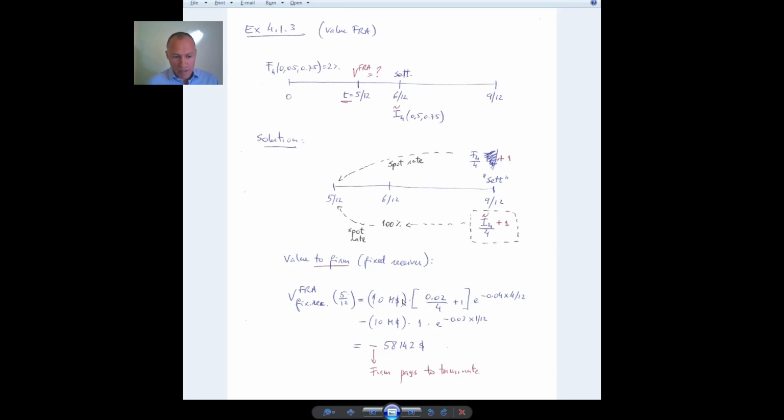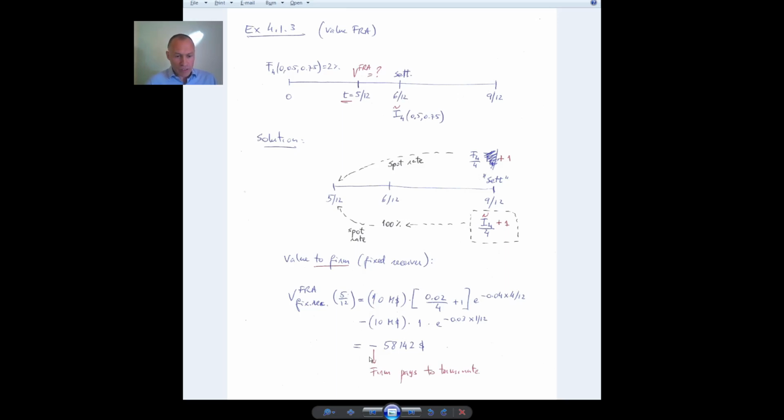Again, with a plus sign, the fixed leg, which is 2%, and discounted from here to here at the spot rate, which is given in the handout at 4% with continuous compounding. Okay, and then I pay the floating leg, which is 100% or 1 at 1 month from now, and this is the spot rate, 3% from now and 1 month.